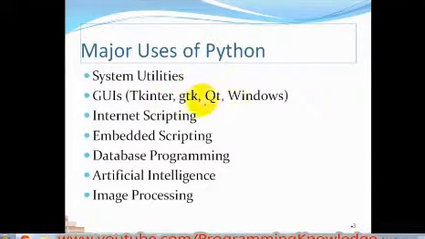These are some of the platforms on which you can make GUI applications, for example the Qt platform, the Windows platform, or the GTK platform. You can make interactive GUIs using Python.